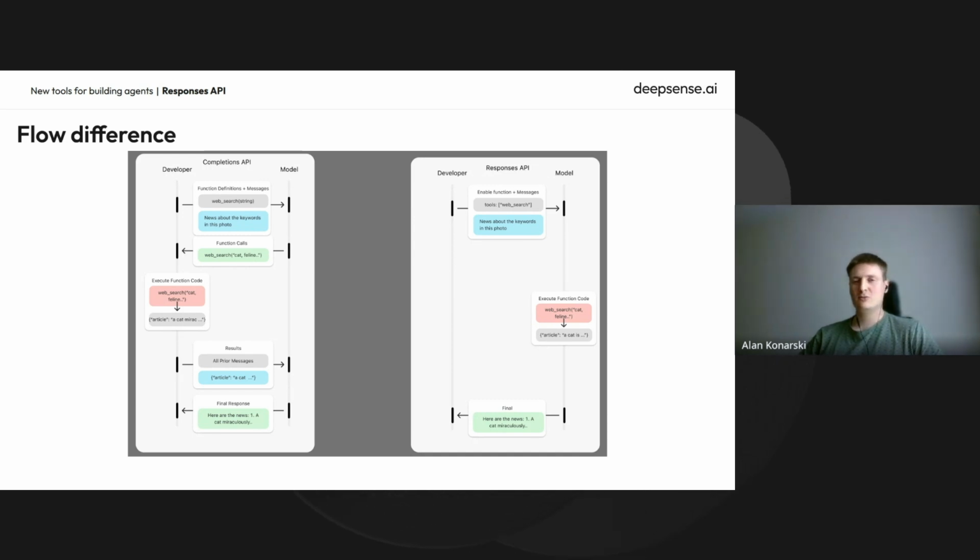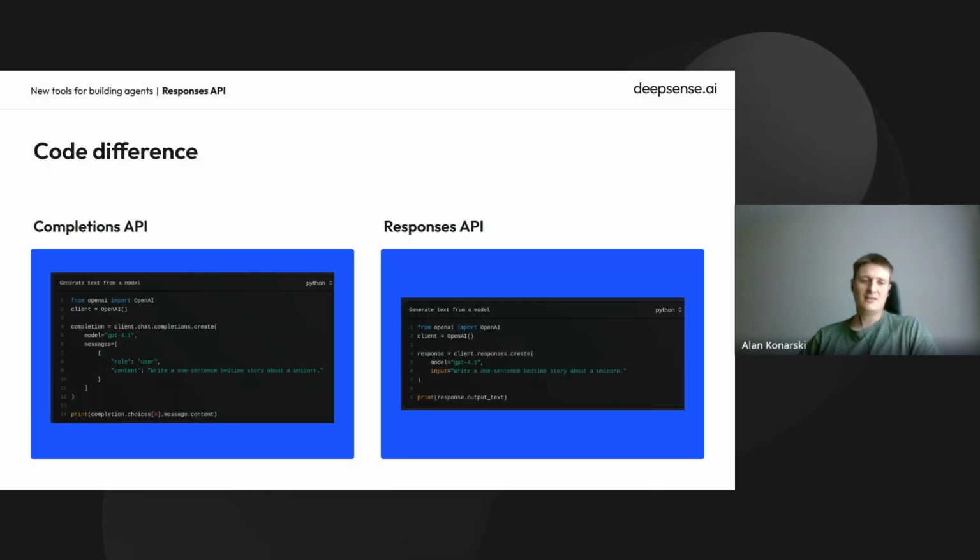The pricing for models stays the same, so you shouldn't be worrying about that. Next, let's look at the code difference between those two APIs. As you can see, the new responses API is a little bit more concise.